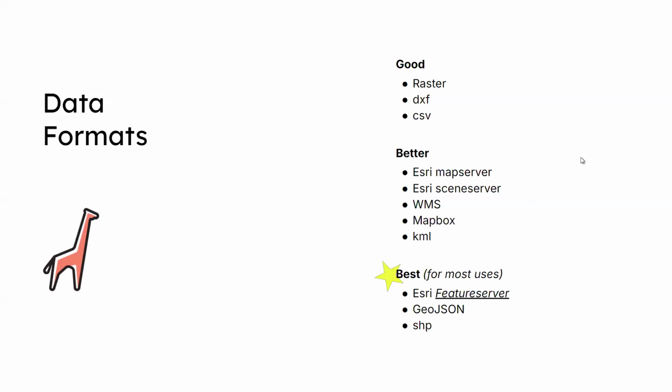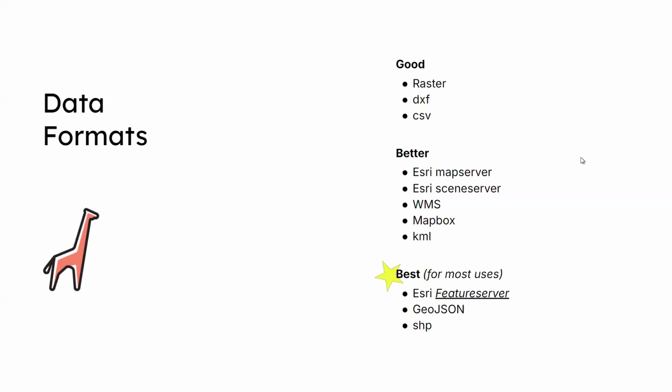Better is map servers and scene servers, WMS, Mapbox, and KML. The Esri map server and scene server are great. They're still API. You'll still get that immediate data updates when the source data is updated.